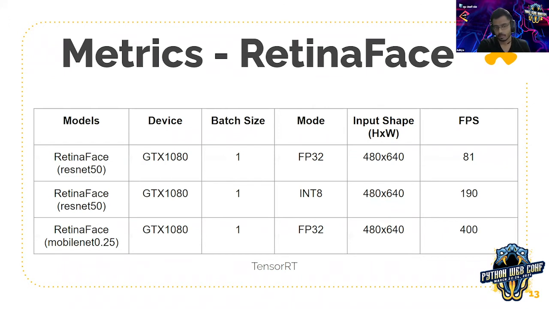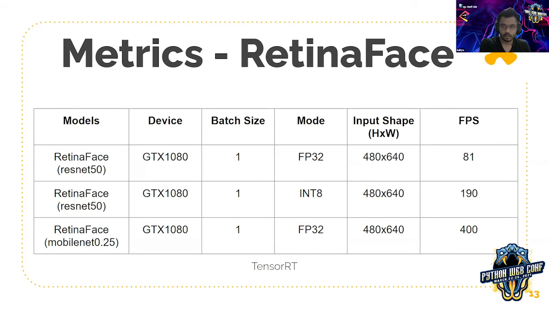The first two rows are for the ResNet 50 based backend, and the third row is for the MobileNet backend. I ran it using PyTorch and TensorFlow on the GTX 1080, and I got an FPS of 30 for ResNet 50 for FP32, and for TensorRT I got an FPS of 81, which is double the improvement.